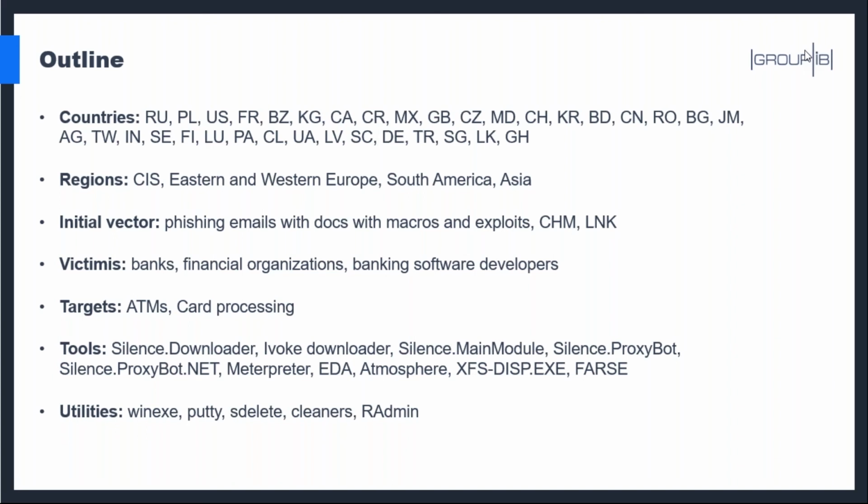On the final stage, they use Atmosphere and xfsdisk.exe programs to control ATMs and to attack the card processing system. They don't use any unique program. They access the system manually to communicate with card processing staff.